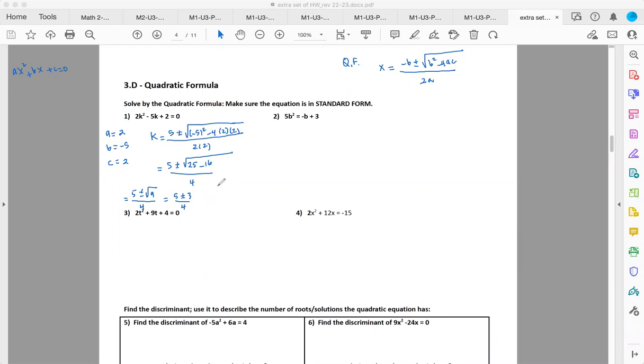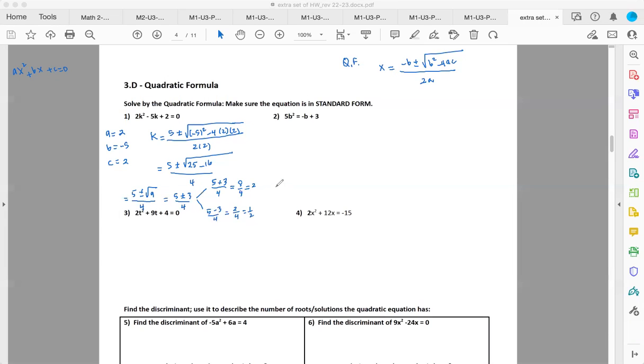So how do we deal with this? Here you have all integers, right? So you have two answers. When you say plus or minus, you have either 5 plus 3 over 4, which is 8 over 4, which is 2, or you have 5 minus 3 over 4, which is 2 over 4, which is 1/2.